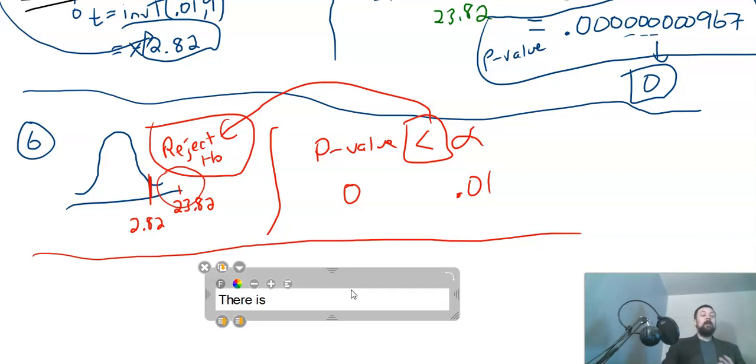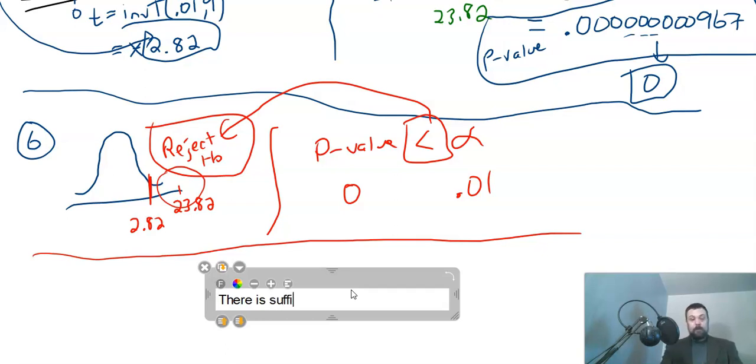If the claim had become the null hypothesis, then we would have a repeat of what we did in the last problem, which is if you reject the null, you reject the claim. That's only if the claim is the null hypothesis. But that wasn't the case in this problem. In this problem, the claim was the alternative hypothesis. So by rejecting the null, we actually support the alternative, which means we support the claim.